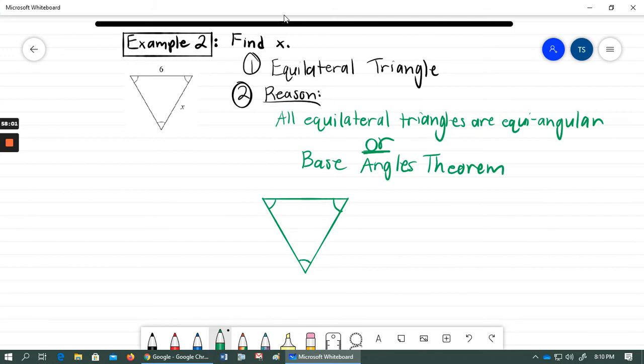Since all three angles are congruent here, it doesn't matter which two of these angles you choose to be the base angles for this equilateral triangle.